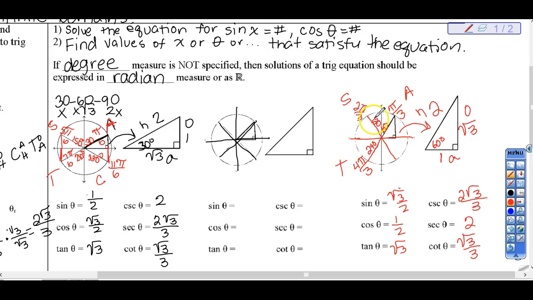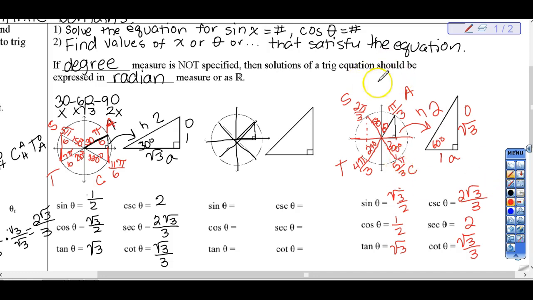Right? Pi over 3, 2 pi over 3, 3 pi over 3, 4 pi over 3. And then over here, this would be 5 pi over 3, or 300 degrees. And then, of course, if you wanted to draw in those vertical lines so you can see the reference triangle plotted on your unit circle, you can do that. Questions?